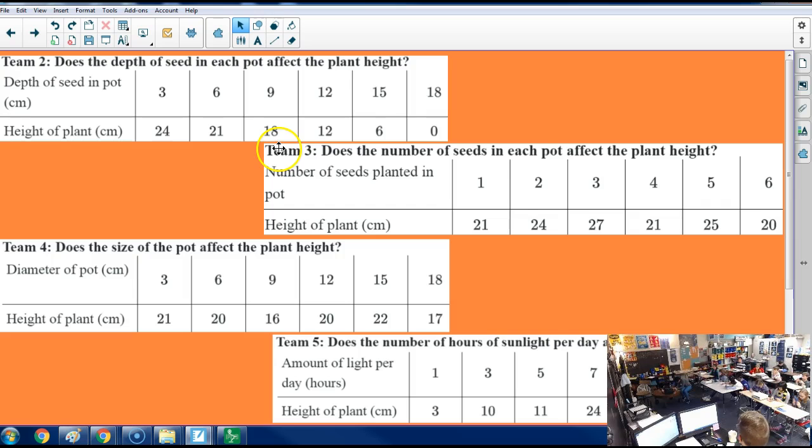If you have issues seeing this, send up a representative to copy it and come back to your group. So please try to remember your respective team number. You are not reusing the graph we just made. You need to make new axes because the variable, the thing we're talking about, has changed. The x-axis has changed, and your group is different than the other three groups.